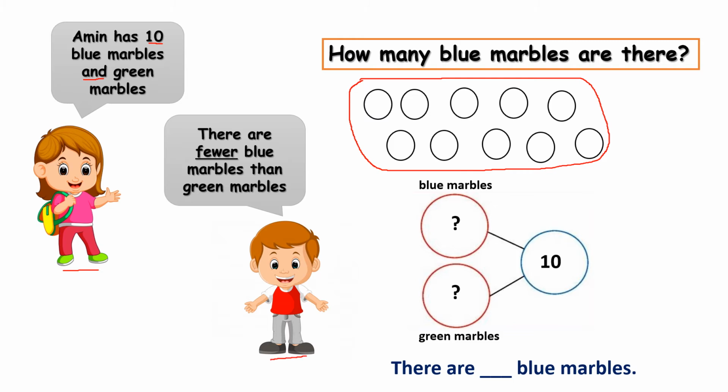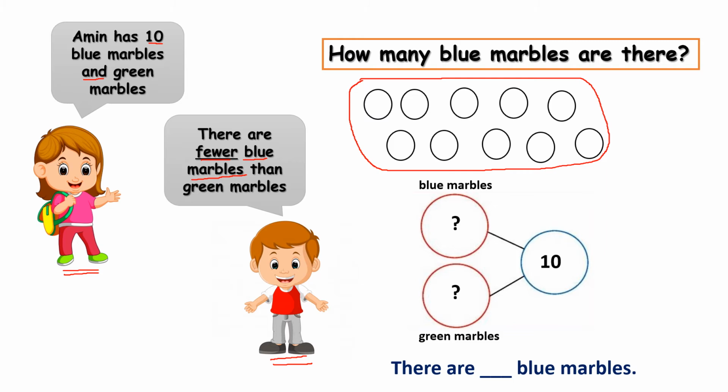Look at what Amin said. There are fewer blue marbles than green marbles. Which marbles are fewer? Is it the blue marbles or the green marbles? It's the blue marbles.